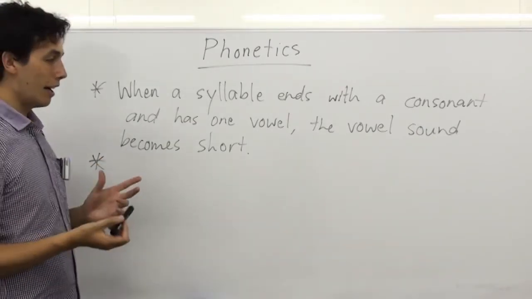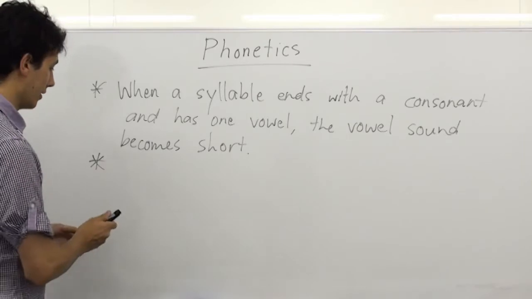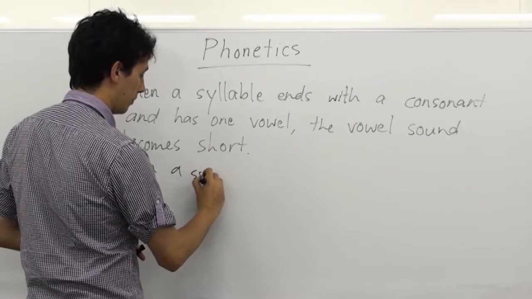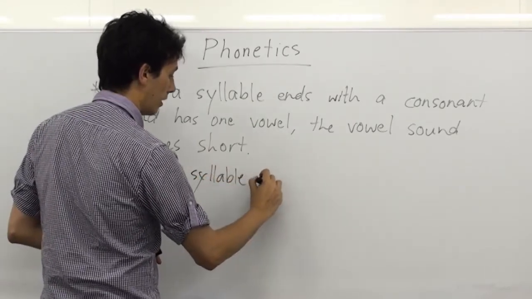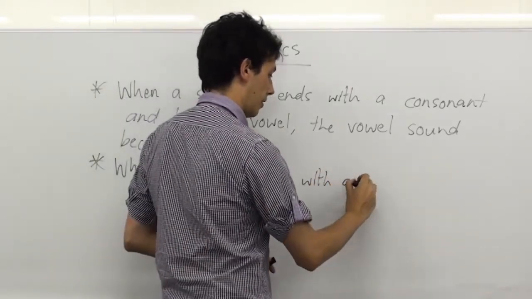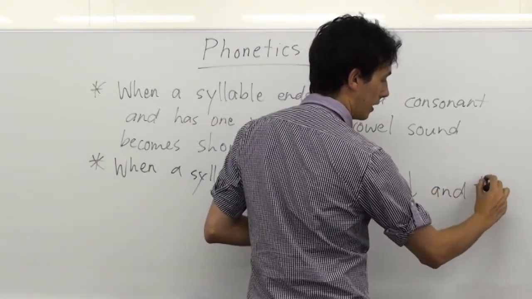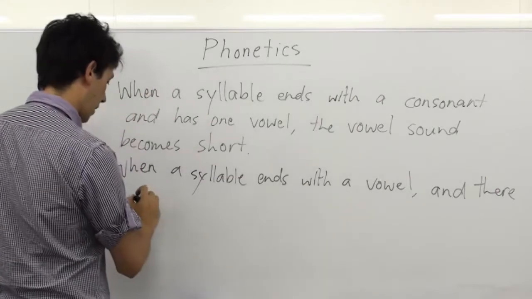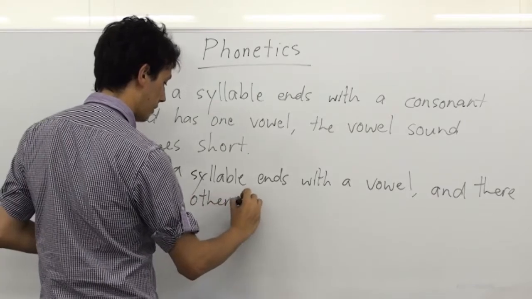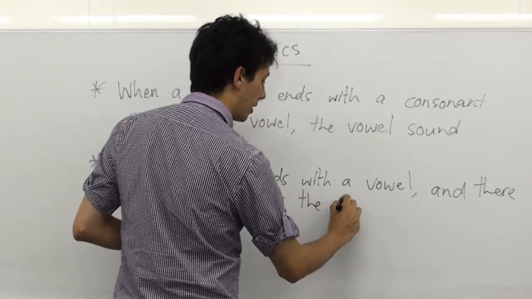And our next rule, the last one that we're going to look at today, is, right, so when a syllable ends with a vowel and there are no other vowels, the vowel sound becomes long, generally. So let's write this down. When a syllable ends with a vowel, and this is the important part, and there are no other vowels, the sound becomes long.